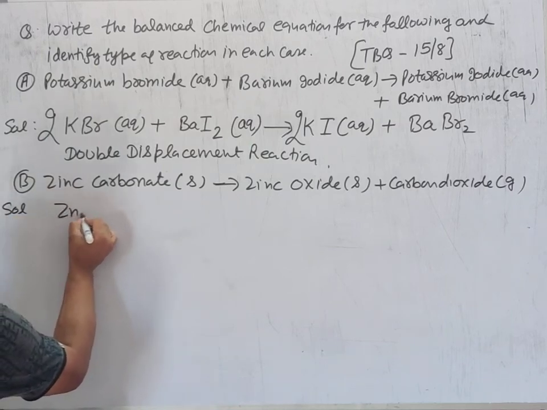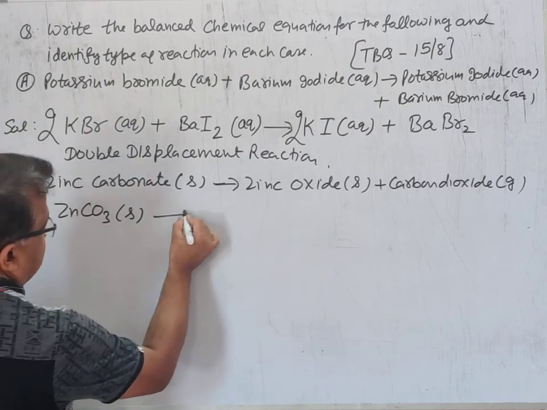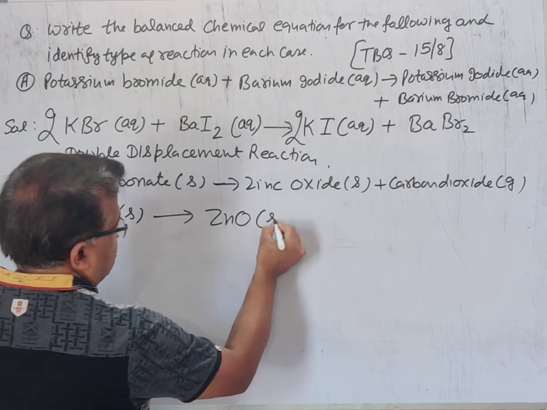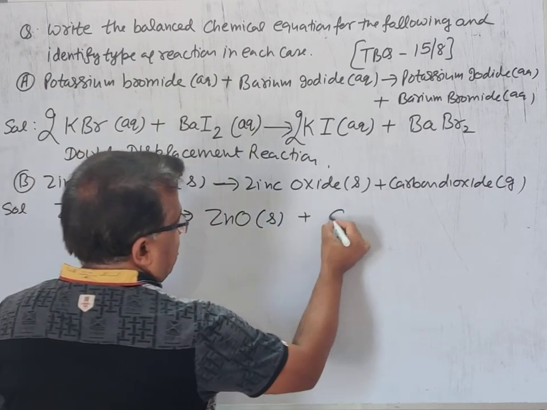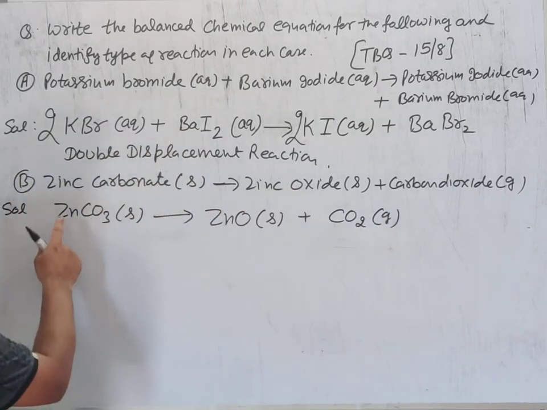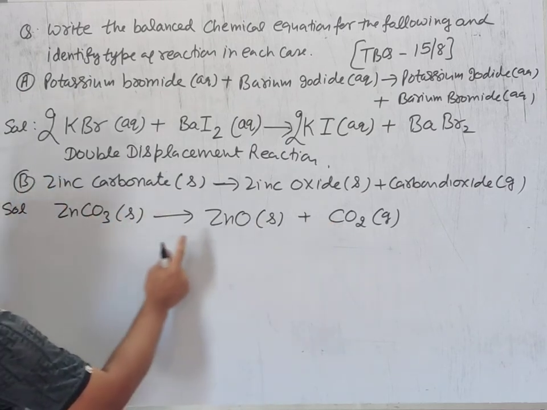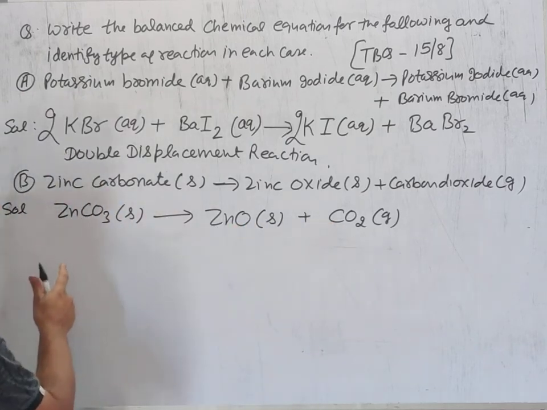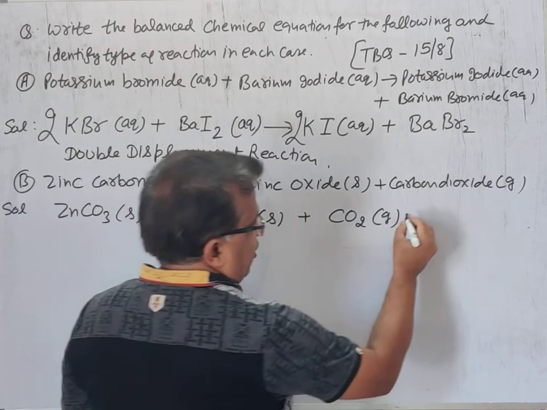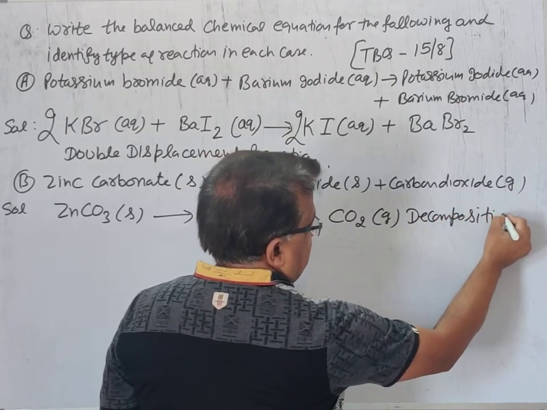Zinc carbonate, ZnCO3, is its formula, which is solid, gives zinc oxide ZnO, which is solid, plus carbon dioxide CO2, which is gas. Now balancing: Zn is 1, C is 1 on both sides, oxygen is 3, 1 plus 2, 3. And it is a decomposition reaction. One single reactant breaks into two products. So it is a decomposition reaction.